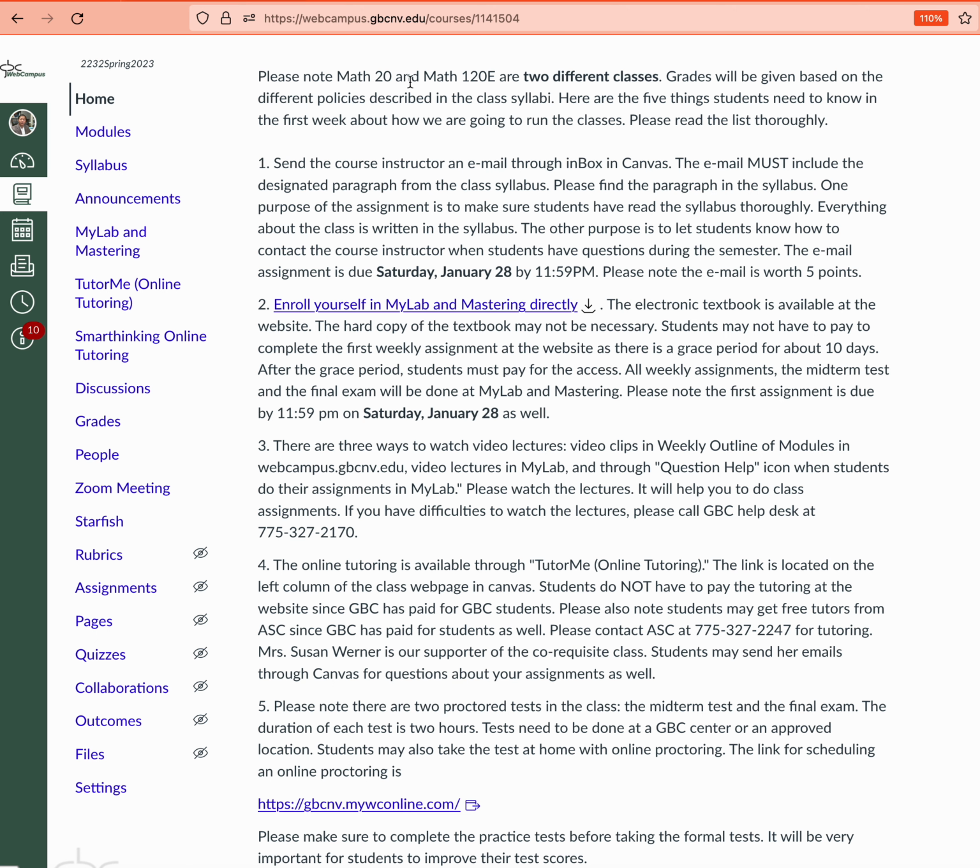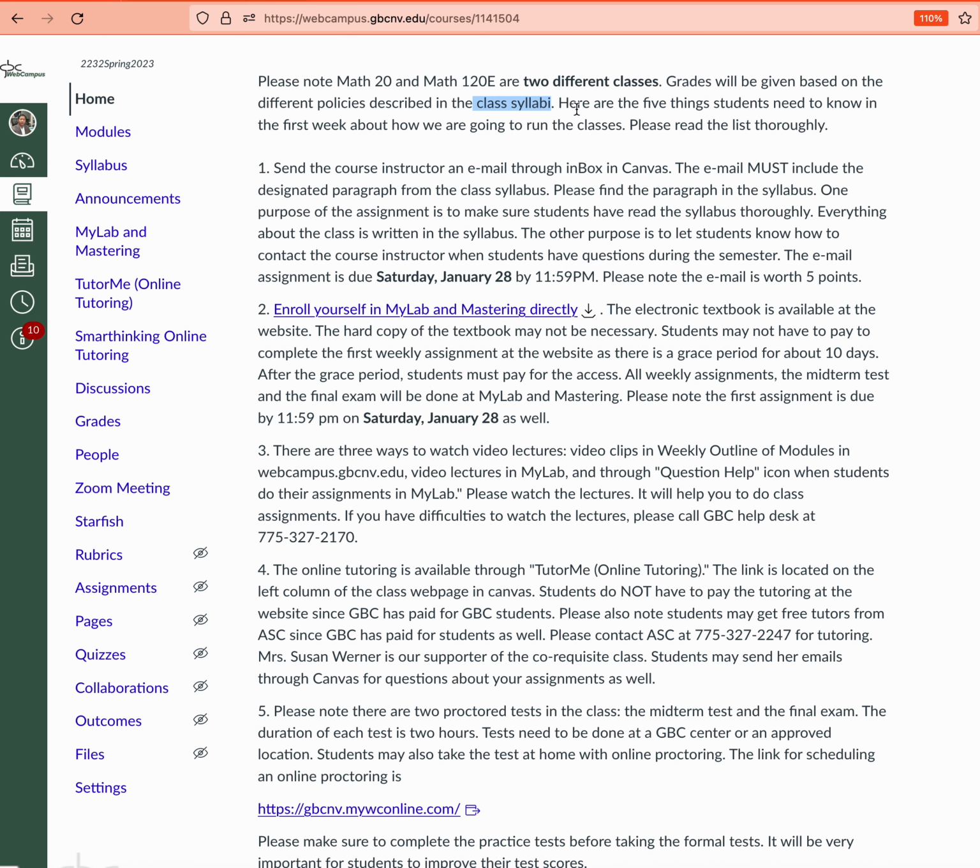First, we need to be aware that Math 20 and Math 120E are 2 different classes, and grades will be given based on different class syllabi. And you want to be aware of that.